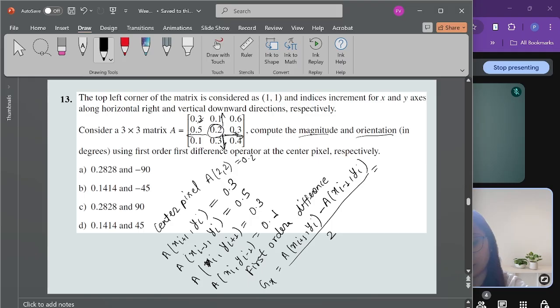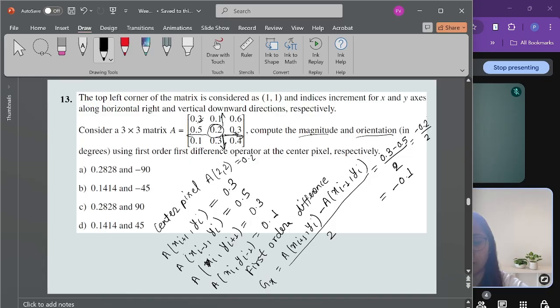So here, 0.3 minus 0.2, no, minus 0.2 divided by 2. So here you will get minus 0.1.